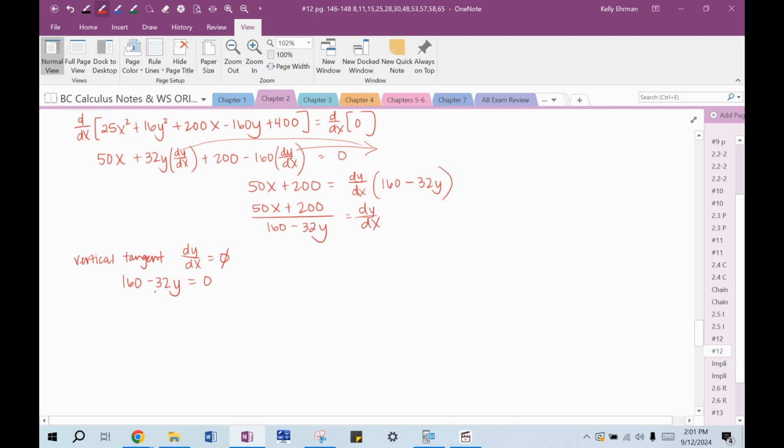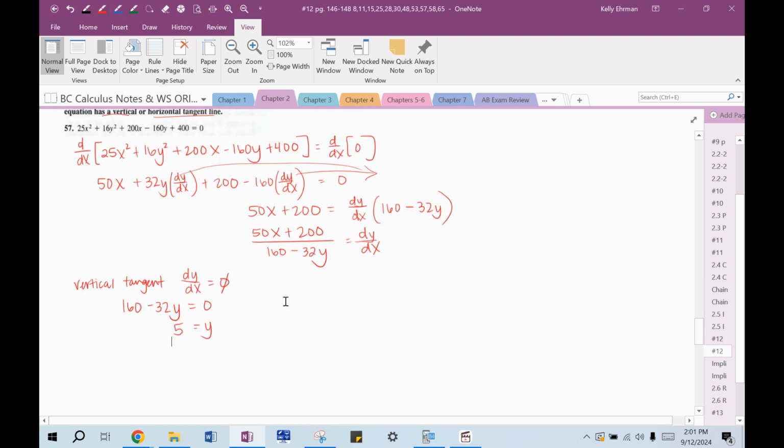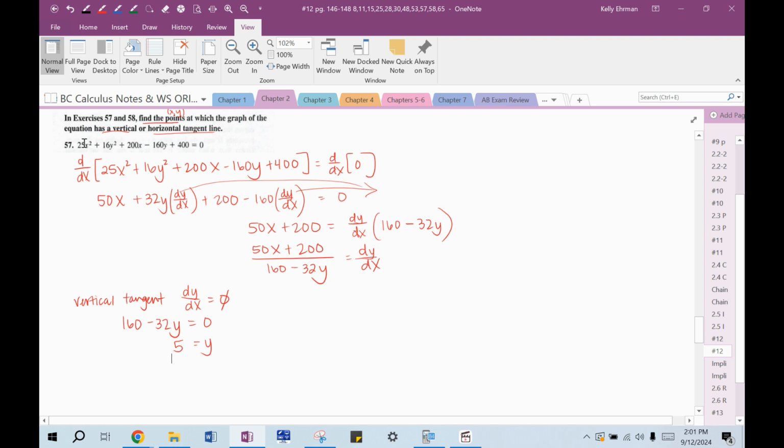All right, now if we solve this for y, 160 divided by 32 is 5, right? Because 150 plus 10. So that's 5, or you could use a calculator. And I need to find the x. What is x when y is 5? So go back to the original curve here.